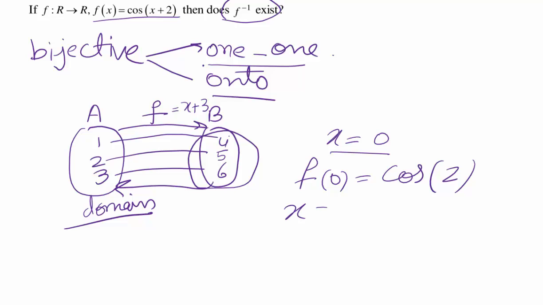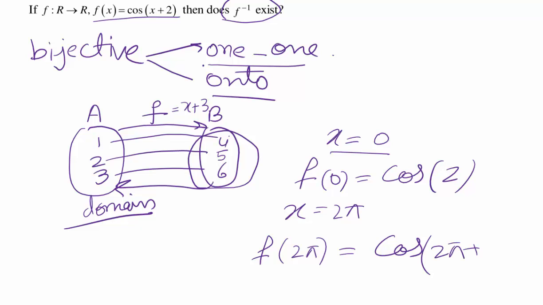We put another value of x, 2 pi. f(2 pi) = cos 2 pi + 2. What is cos 2 pi + 2? As you all know, 0 and 2 pi are on the same axis, pi by 2 here, and here it is pi and 3 pi by 2.